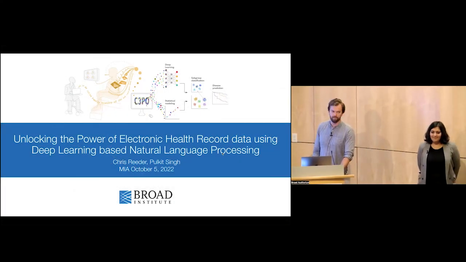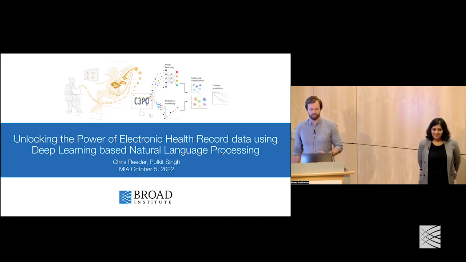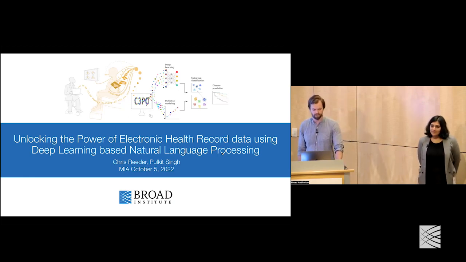So today we will be talking about using electronic health record data to do some of the things Sam mentioned, downstream risk prediction, disease modeling, even looking into the genetic underpinnings of disease.